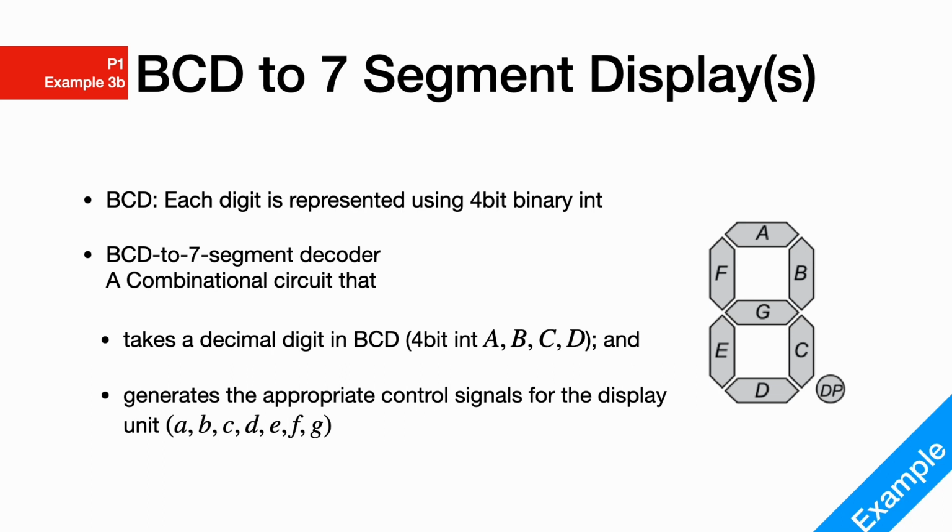It takes a decimal digit in BCD, so let's assume it takes 4-bit integers represented with capital A, B, C, D, and you'll be required to generate the appropriate control signals for the display unit. In this case, we're going to denote them using the lowercase a, b, c, d, e, f, g for convenience. And that is essentially your specification.